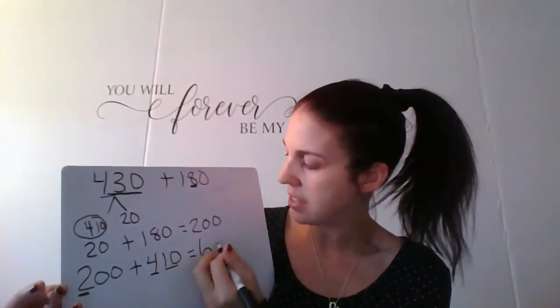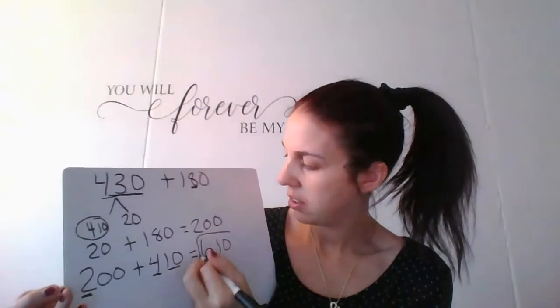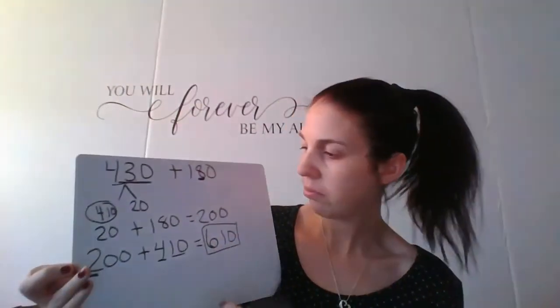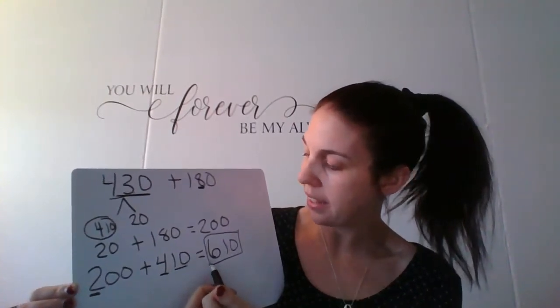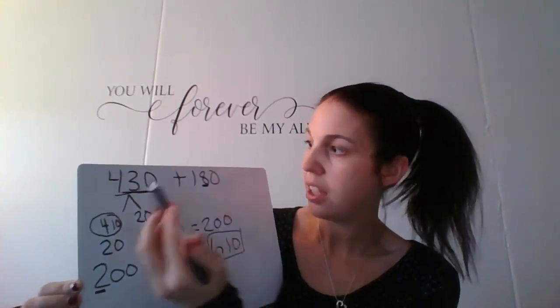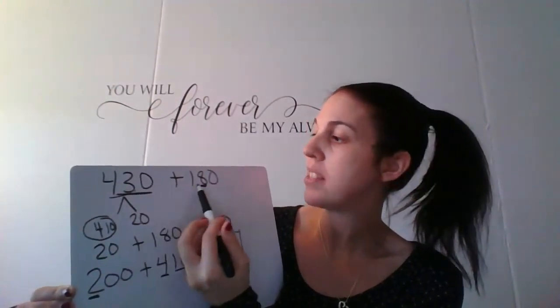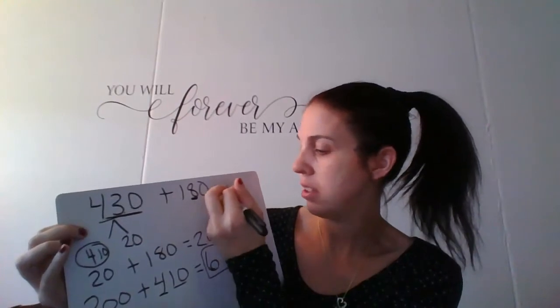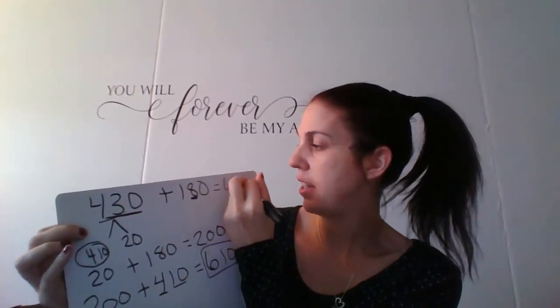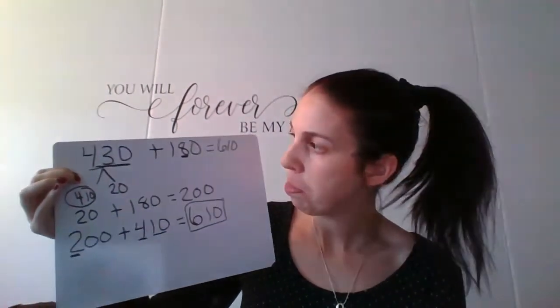And then I have just the 10. 610. So 200 plus 410 equals 610. 430 plus 180 equals 610. You still get the same answer. You're just rearranging your numbers.